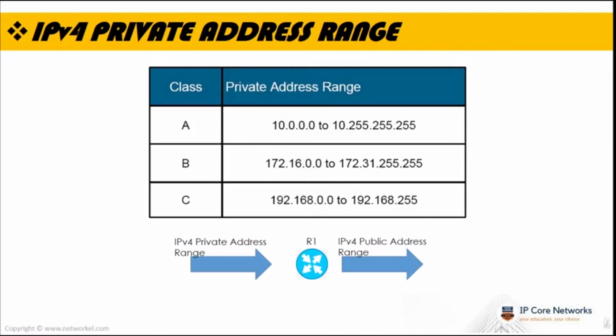Sometimes a private IP address is also referred to as a local IP address. Okay, we have class A, B, C IP addresses, as you can see, and these ranges are the private IP address ranges that we can use in our local area network.